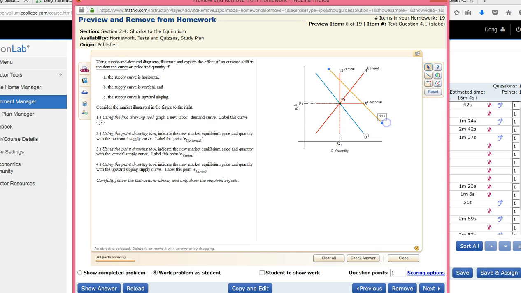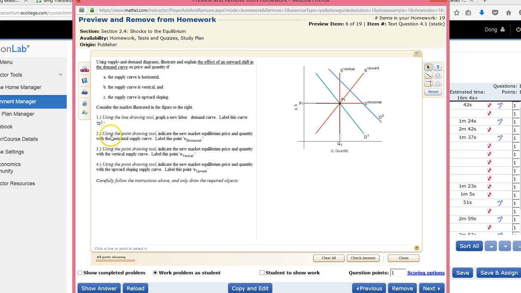For example, obviously the new demand curve is not parallel to the original demand curve. So this is D2. And we know that the equilibrium is the intersection of the demand curve and supply curve.